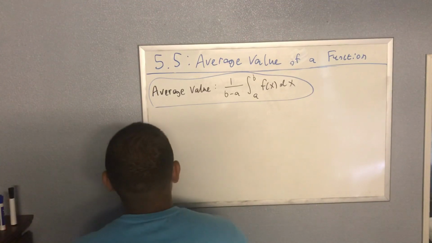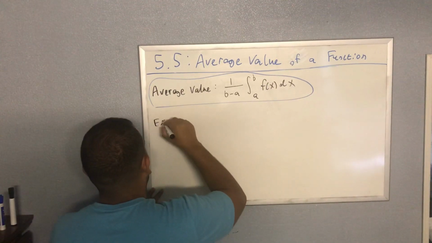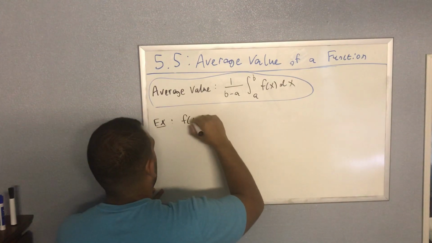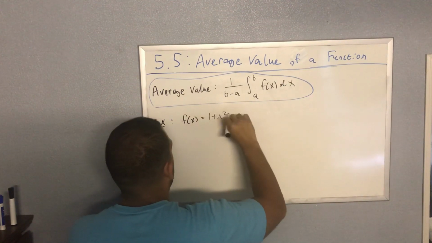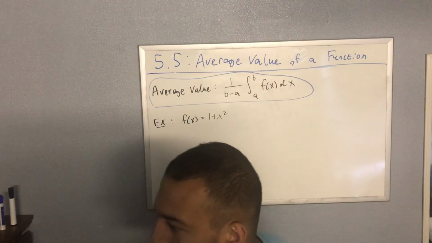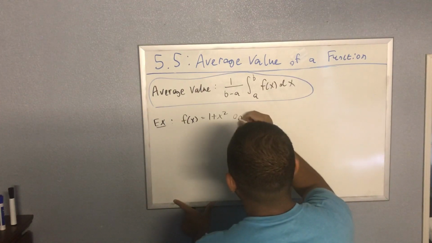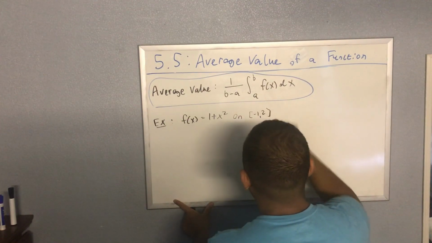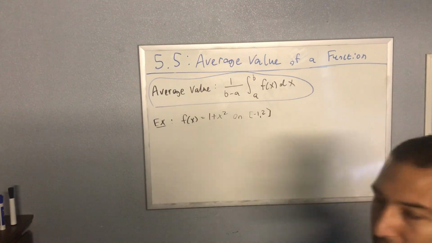So let's do f of x is 1 plus x squared on -1 to 2. Say we want the average value here.